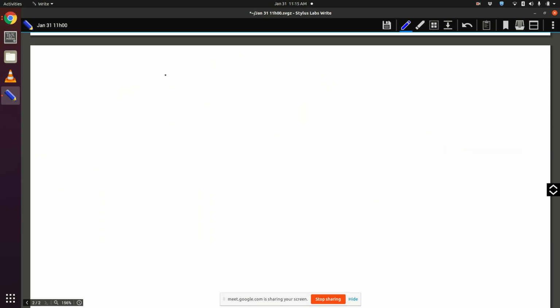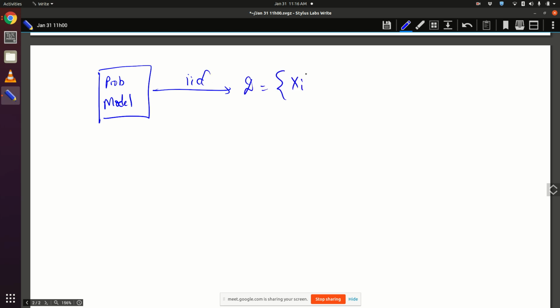that, see, if you are given the probabilistic model, you can draw IID samples and you can get your data set D. You have a data set which is Xi, Yi.